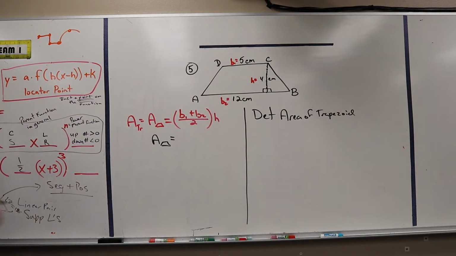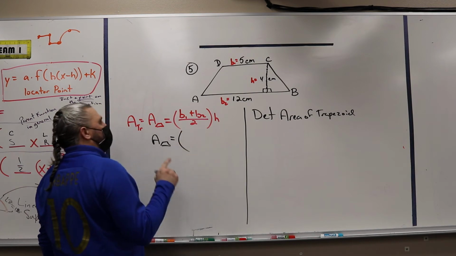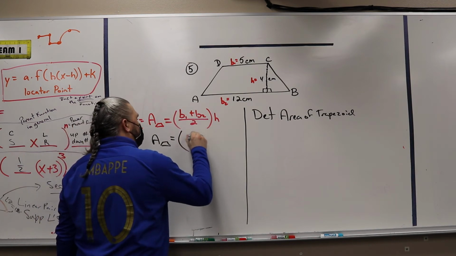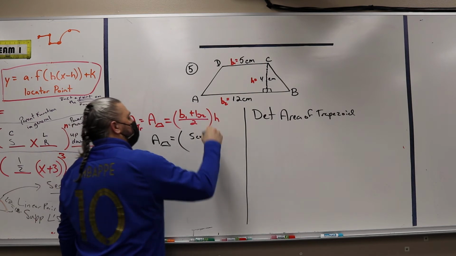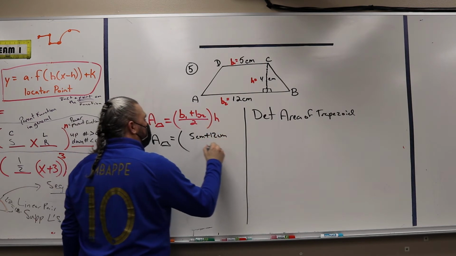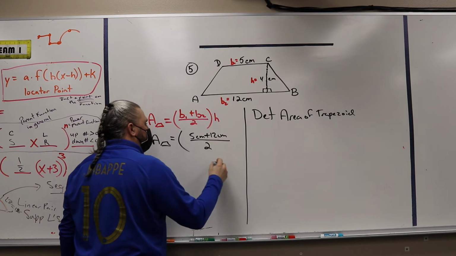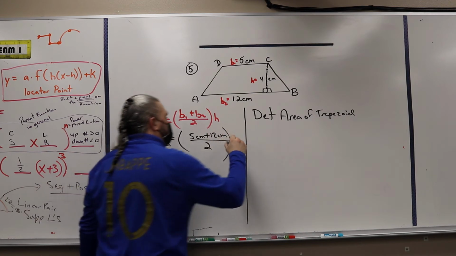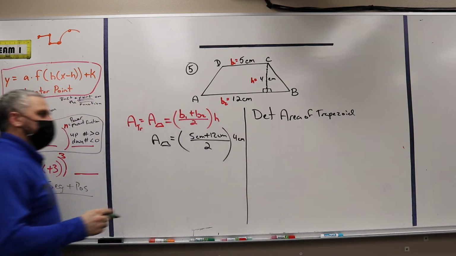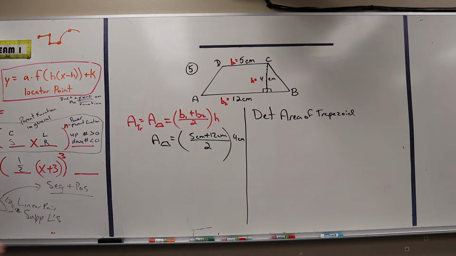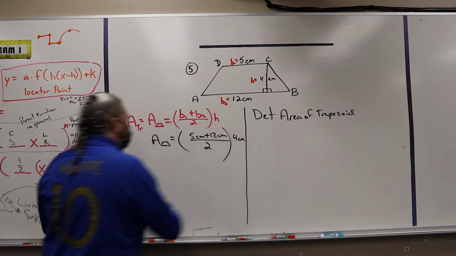And then we plug in what? The 5 and the 12. So the area equals 5 cm plus 12 cm all over 2 times 4 cm. Right now it's 34 cm?